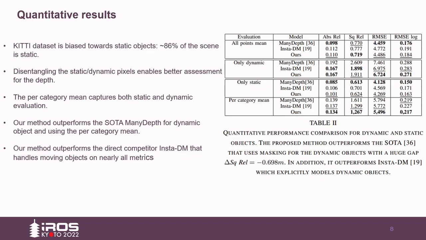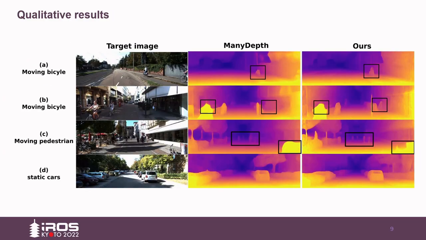As observed in the table, our method outperformed the state-of-the-art in mean depth for dynamic objects and per category means. We compare also to our direct competitor struct2depth, and we can observe that we outperform this method on nearly all metrics. We show qualitative results of the proposed method versus the current state of the art.